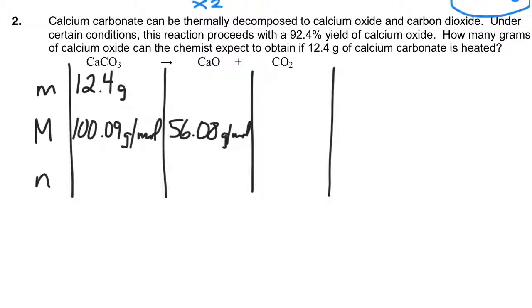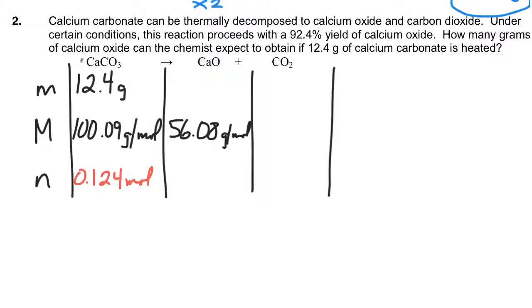So I set up my stoichiometry grid: mass, molar mass, number of moles. I have 12.4 grams of calcium carbonate. Fill in my molar masses. I'm trying to find the mass of calcium oxide, so I'm still going to start by finding my theoretical yield of calcium oxide. If you do the math, you'll get 0.124 moles of calcium carbonate.